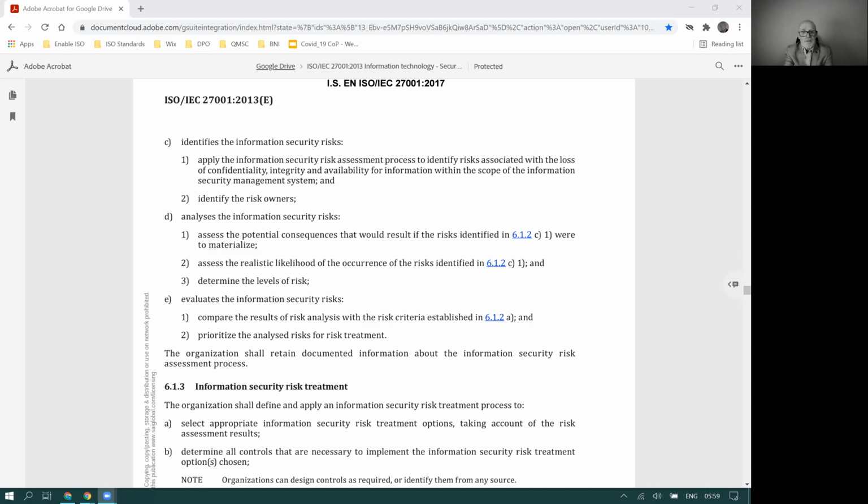And to continue, identifying the risk owner. Just to refer to the total management system, on the contextual issues register, we have a nominated management representative, and that person, as named on the register, would be responsible for the risk.